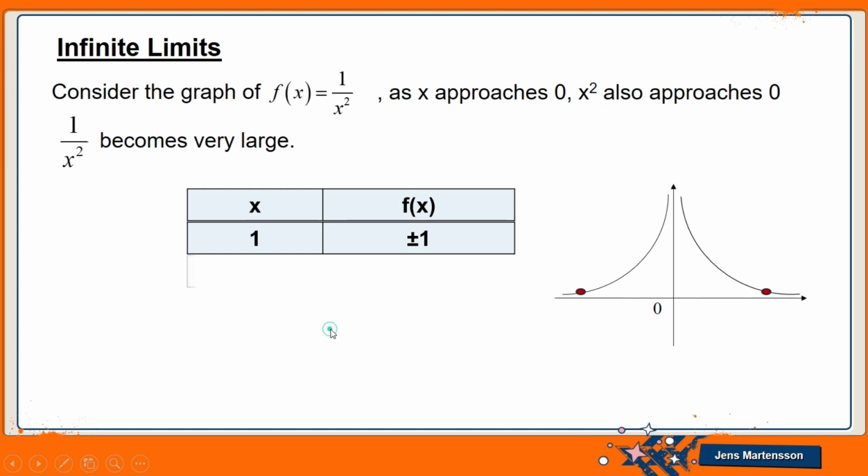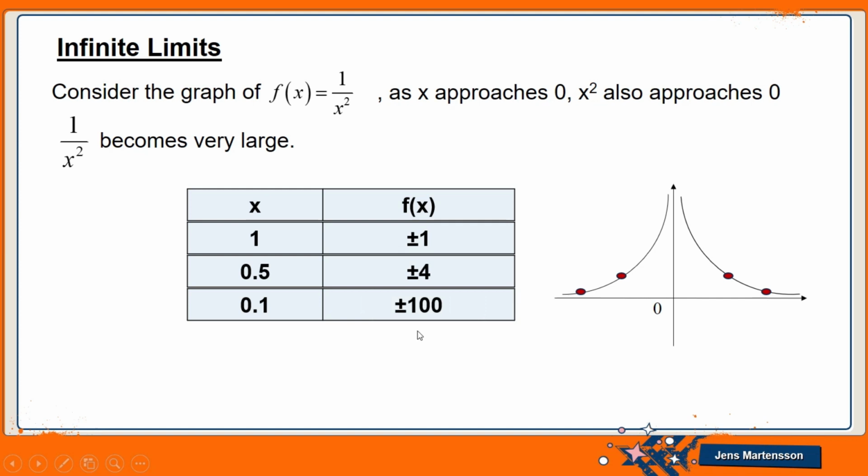When x equal to 0.5, f(x) equal to 4. In the graph we can see 4. At 0.1, it is 100. When x equal to 0.01, f(x) equal to 10,000.